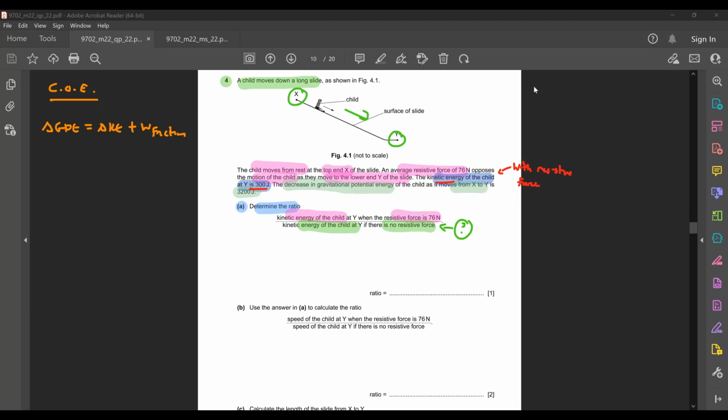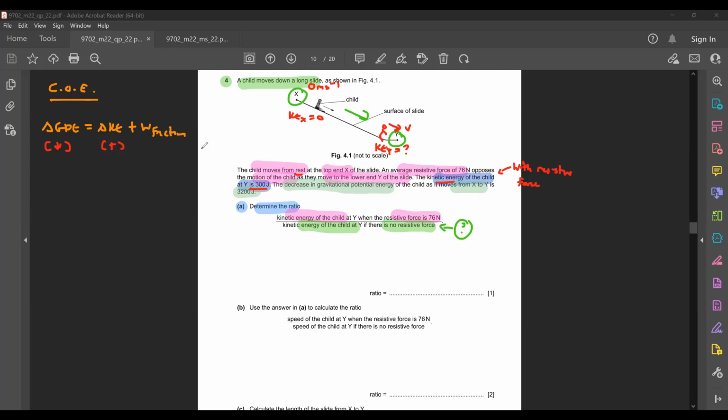Your GPE is decreasing because there's a decrease in height, and because your child started from rest, the KE at X is 0. As the child moves down, that child would eventually have a certain velocity V. So there is an unknown kinetic energy at Y which we want to find out. There's an increase in KE because you started from 0 and then attained some speed.